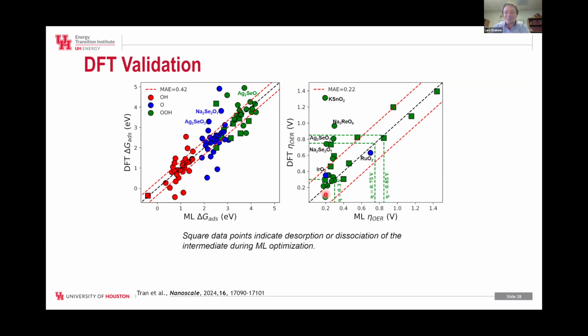But what's important is that if we're looking at the overpotential we estimated from machine learning versus the overpotential we estimated from DFT, we do find that most of the materials that were identified from machine learning still have an overpotential of less than our cutoff criteria of 0.75 when we're evaluating it with DFT. But there is some deviation here. So it's not a perfect model by no means, but it worked reasonably well.